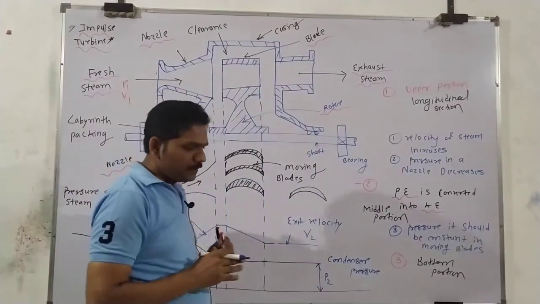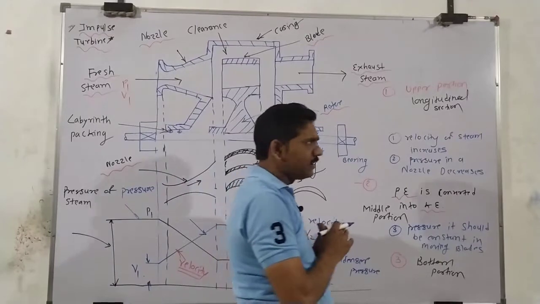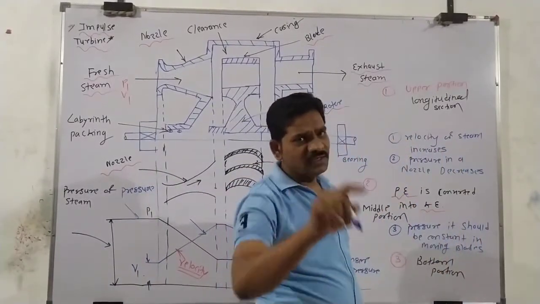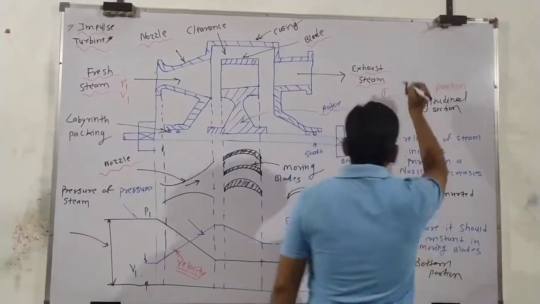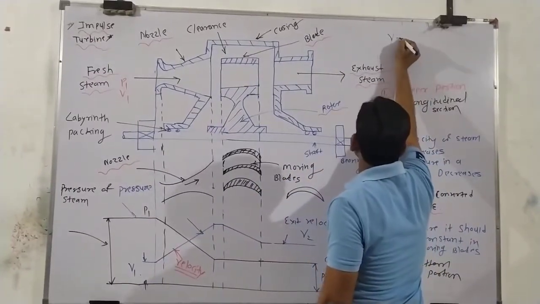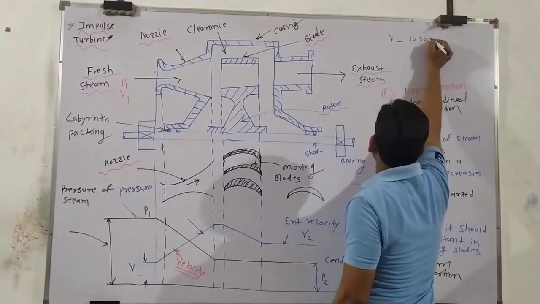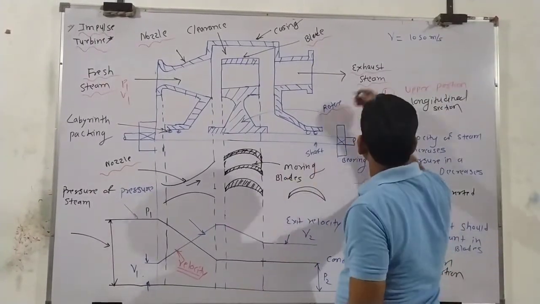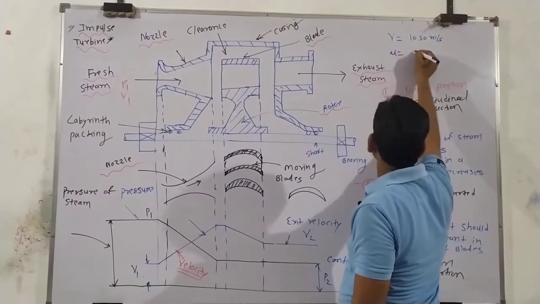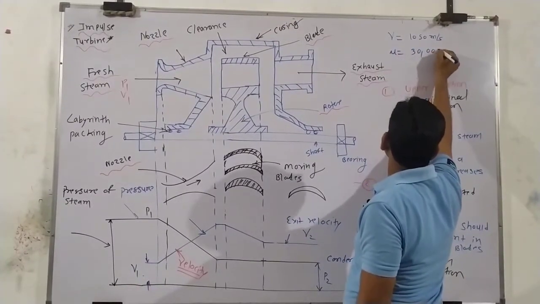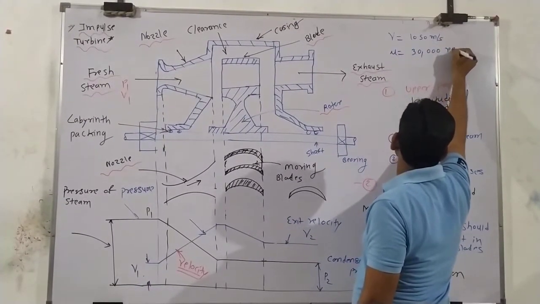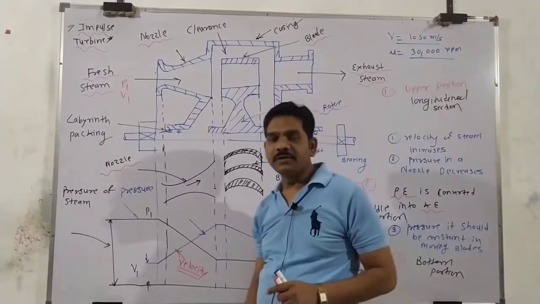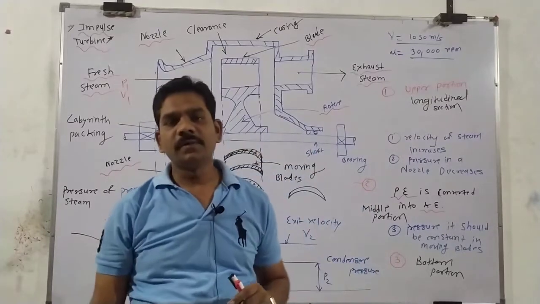But suppose this is the theoretical condition: a single set of nozzles, a single set of blades, and the velocity of the steam is 1050 meters per second. So what is the motion of the blade? What is the velocity of the blades? The velocity of the blade is 30,000 rpm, which is a very dangerous velocity if you use only a single set of blades.